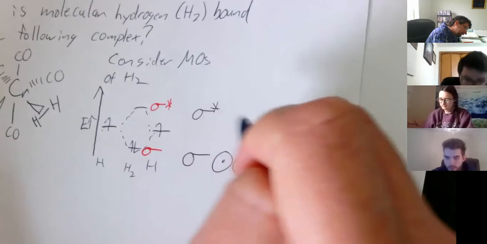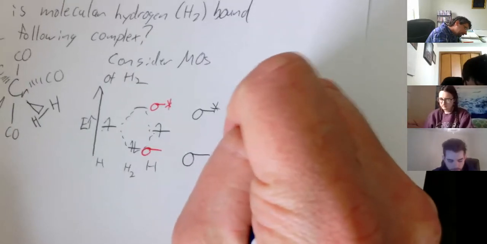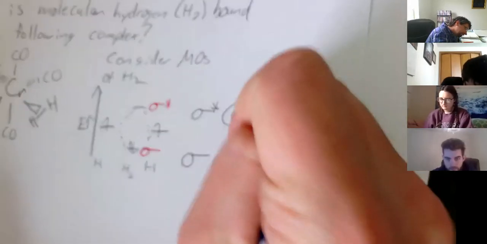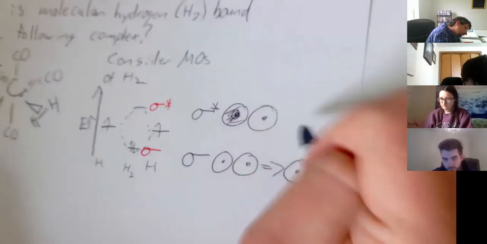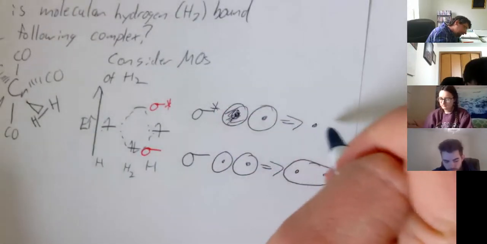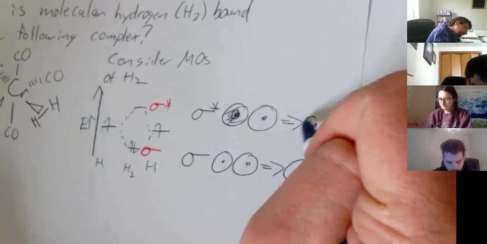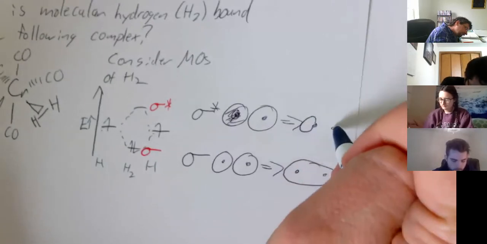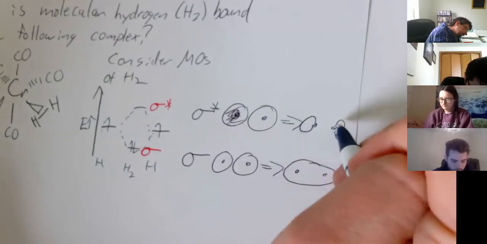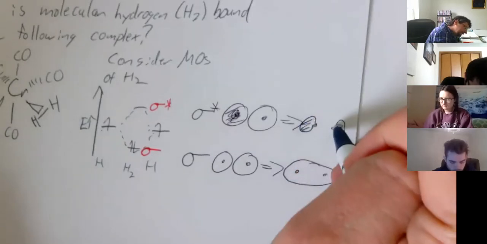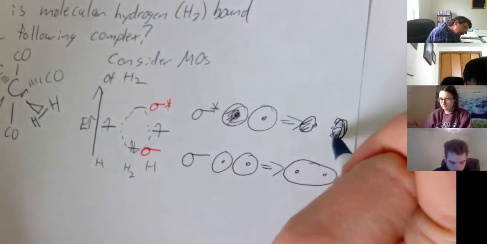What about the anti-bonding? There's not going to be any overlap, so they get pushed away from each other. Oops, I colored them in wrong. This one should be empty.